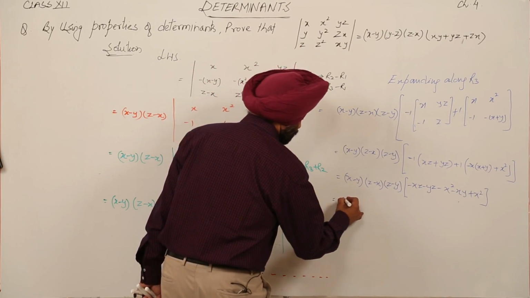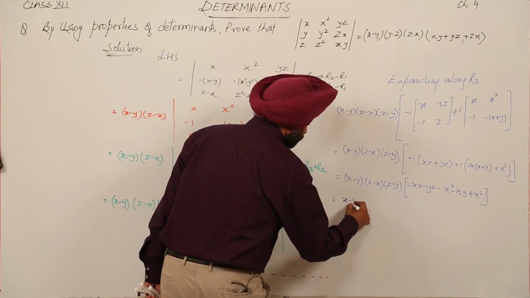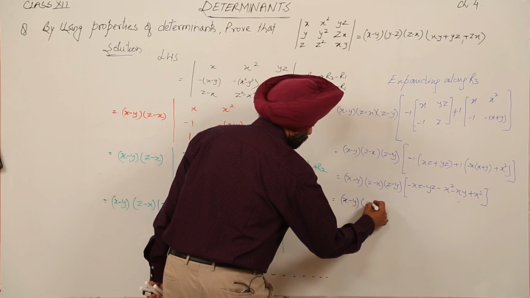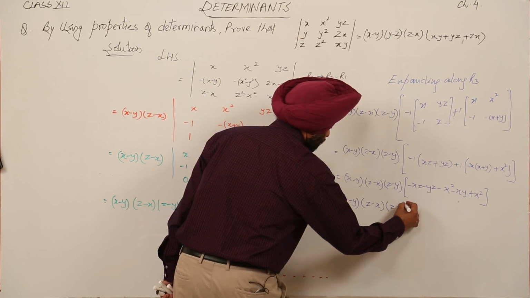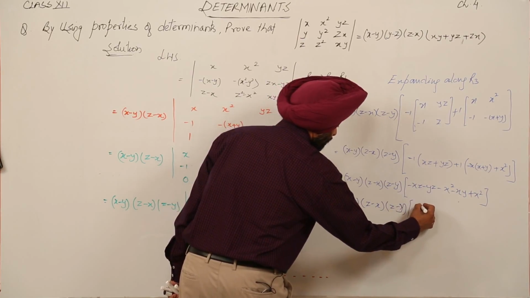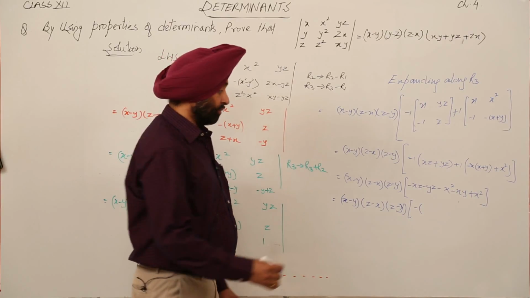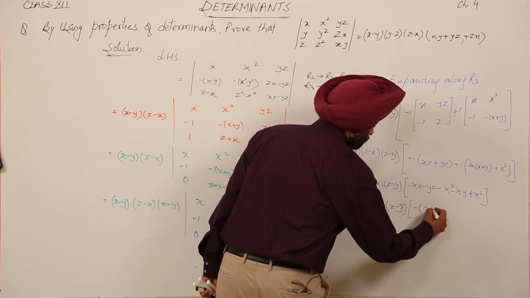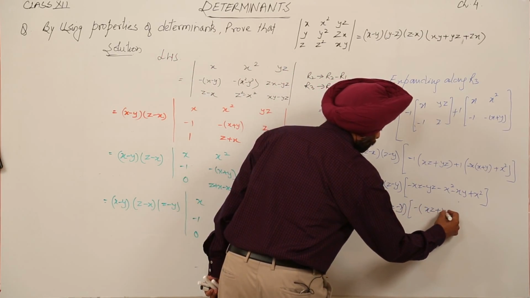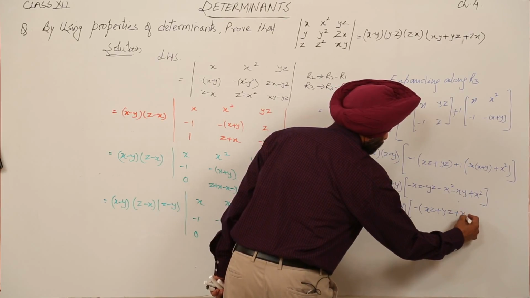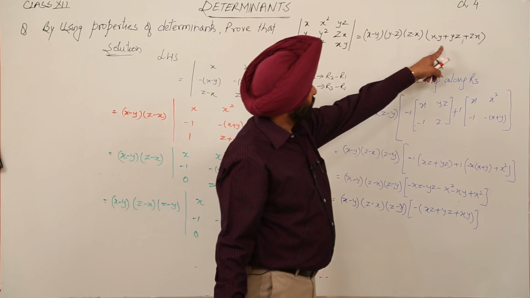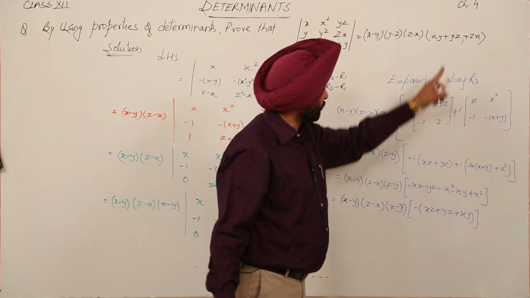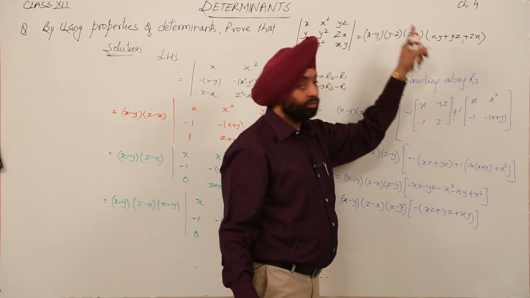So we are left with now x minus y, z minus x, z minus y with minus of negative of xz plus yz plus xy. Now xz plus yz, yz plus xy.